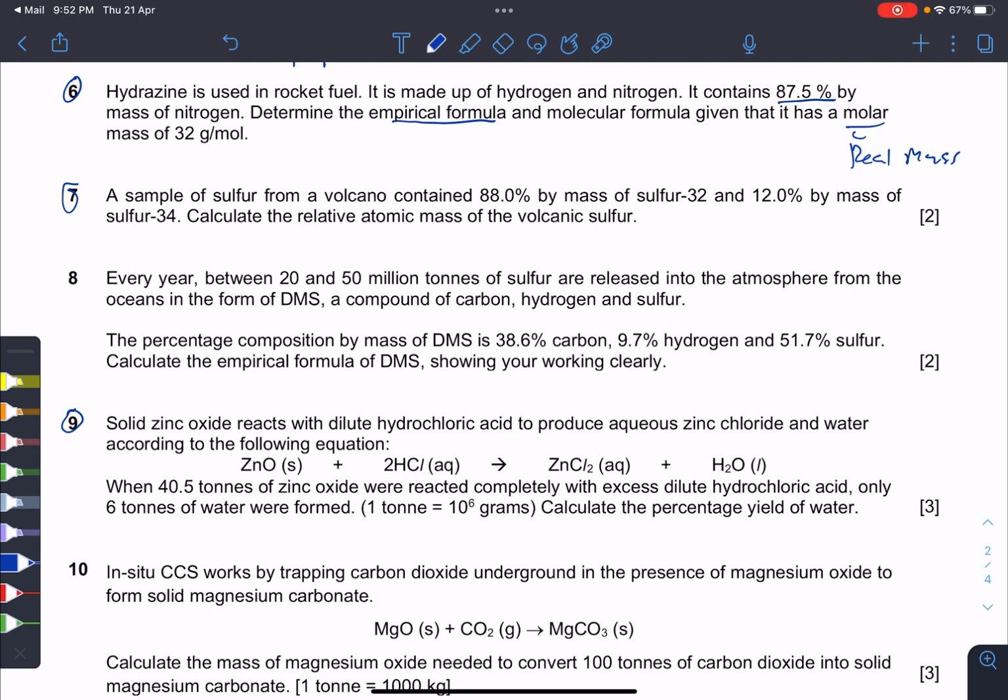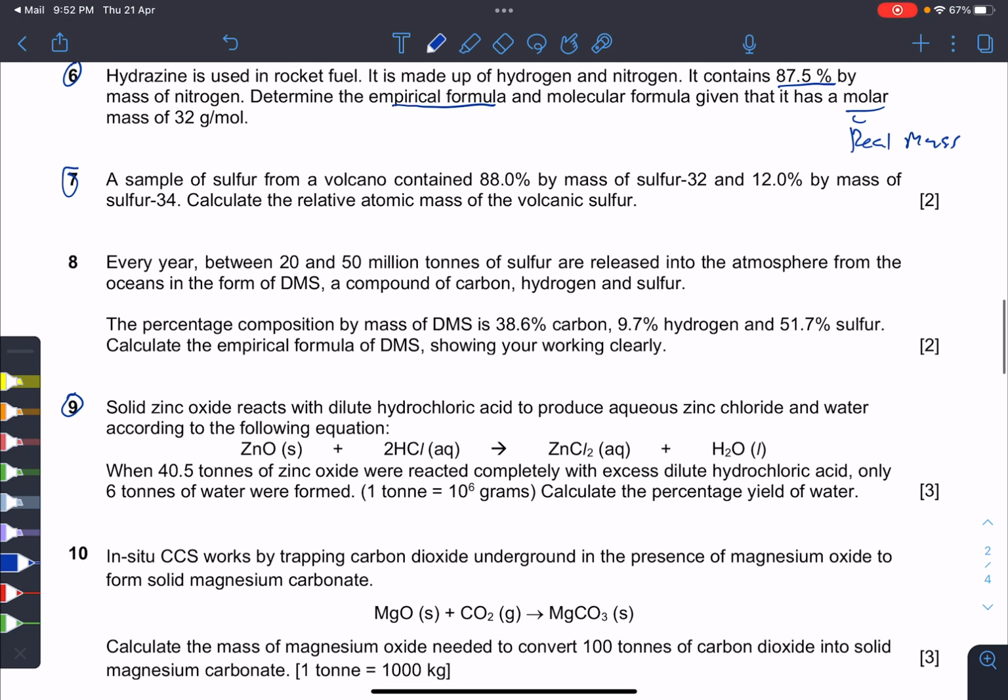Okay, now question number 7. Question number 7, in an exam context like the end of year exam, is something that they must test because it overlaps 2 topics: atomic structure and mole. And this is a pretty standard question, isn't it?